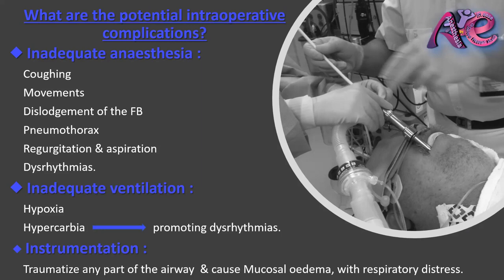Complications due to inadequate ventilation include hypoxia or hypercarbia, which promote arrhythmias. Instrumentation may traumatize any part of the airway and can cause mucosal edema and respiratory distress.